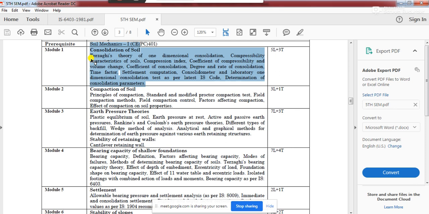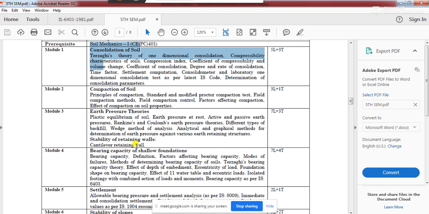So in detail we will discuss this consolidation of soil, because the consolidation chapter is a very important chapter. So we will take up the theoretical discussion on consolidation of soil.